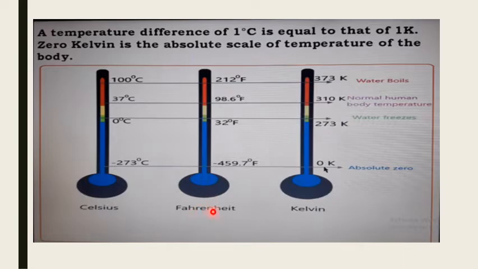For Fahrenheit, absolute zero is minus 459.7 degrees Fahrenheit. Water freezes at 32 degrees Fahrenheit. Normal human body temperature is 98.6 Fahrenheit. Water boils at 212. For the Kelvin scale, absolute zero is 0 Kelvin, water freezes at 273 Kelvin, normal human body temperature is 310 Kelvin, water boils at 373 Kelvin.